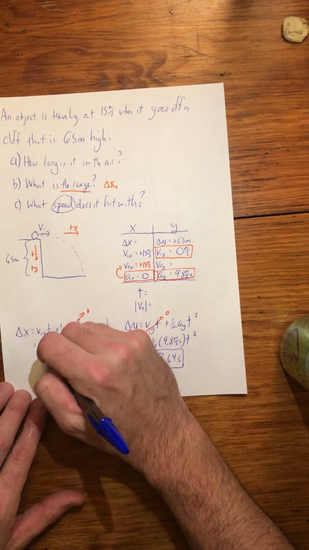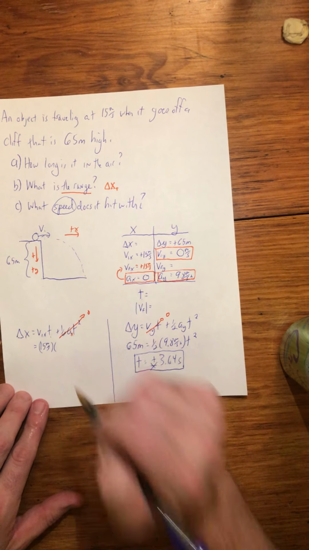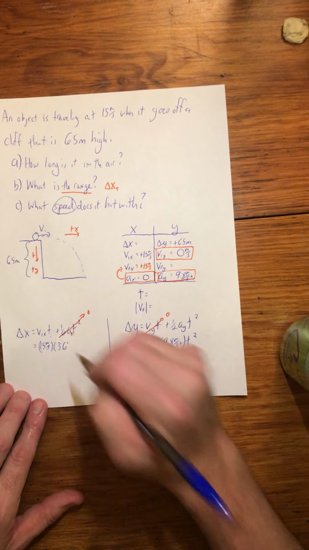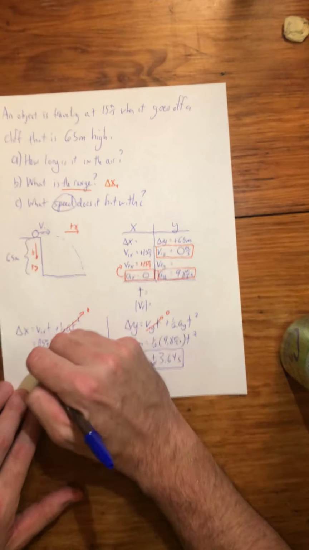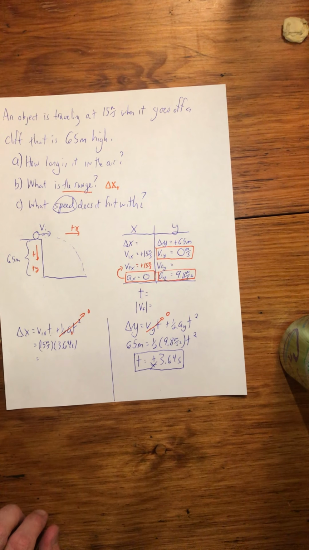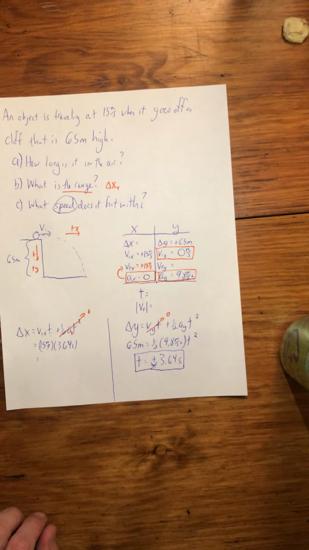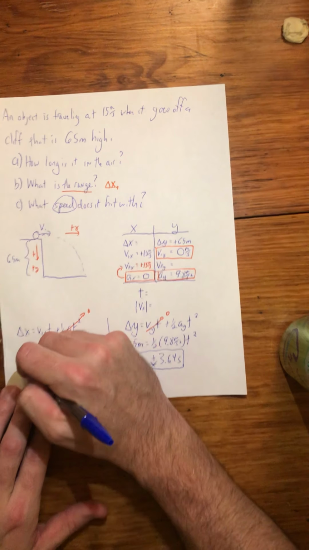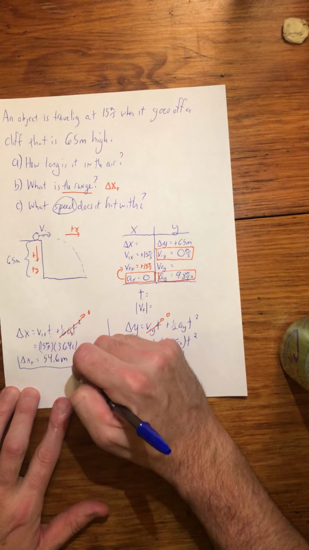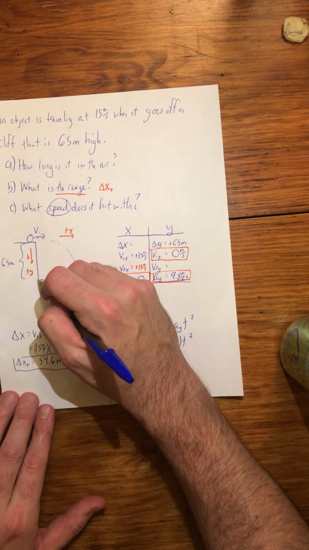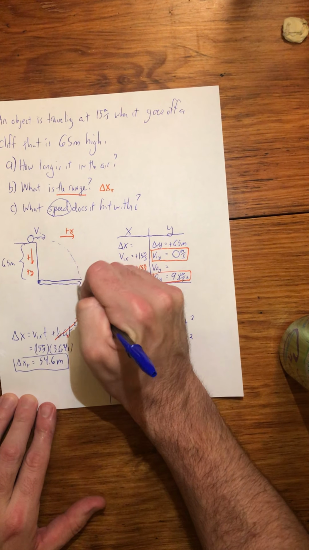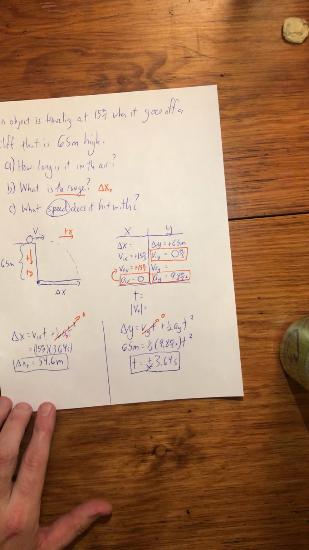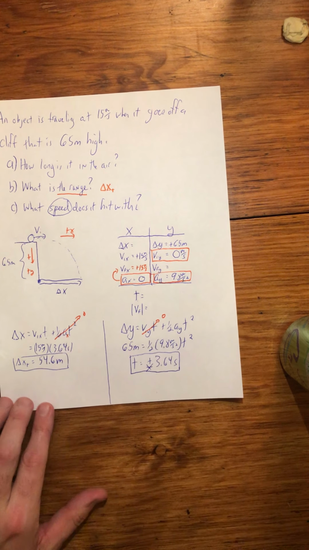So I have 15 meters per second times 3.64 seconds equals, and so 15 times 3.64 gives me 54.6 meters. And that is my range. So where is that? Very simply, that's from the bottom of the cliff outwards. That's the distance or the displacement that it goes horizontally.